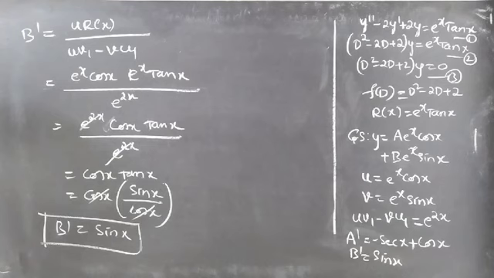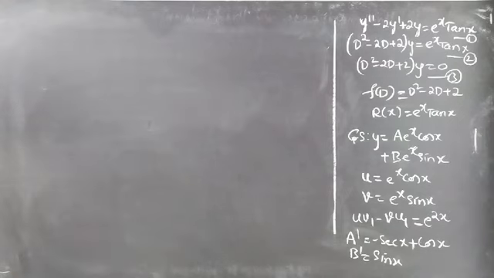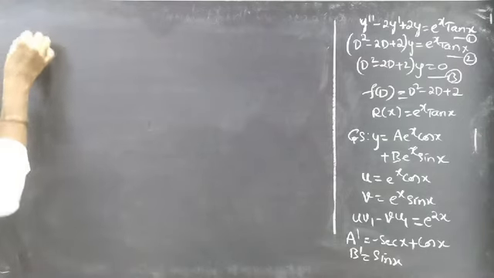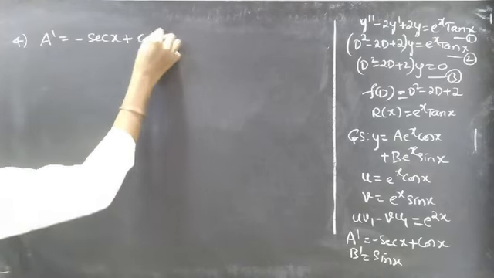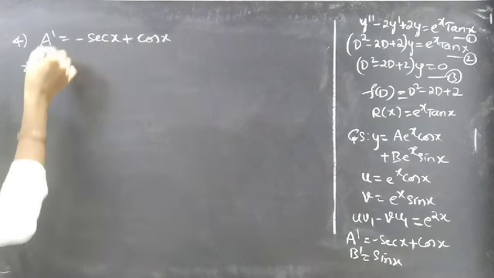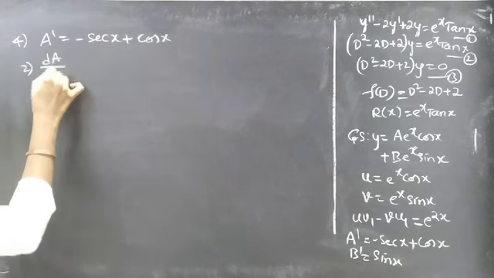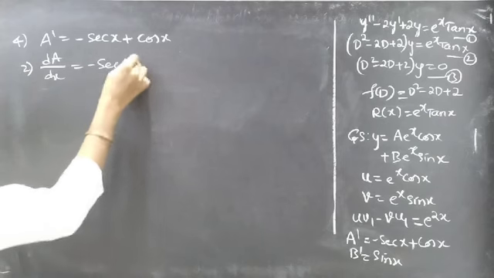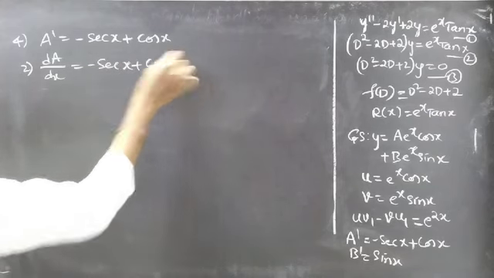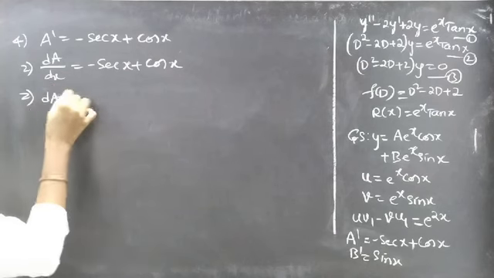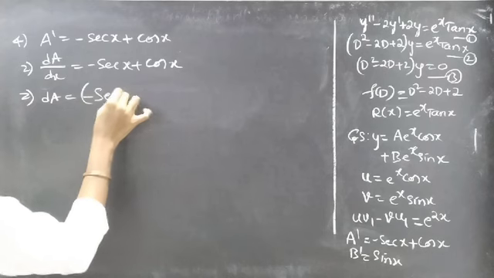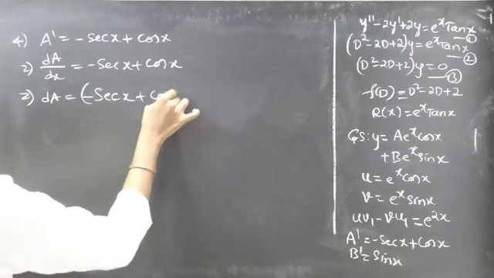Let's find a and b. We have a dash equal to minus secant x plus cos x. We know that a dash is the derivative of a with respect to x. Now let's separate the variables by taking dx to the RHS. Then we'll get dA equal to minus secant x plus cos x into dx.